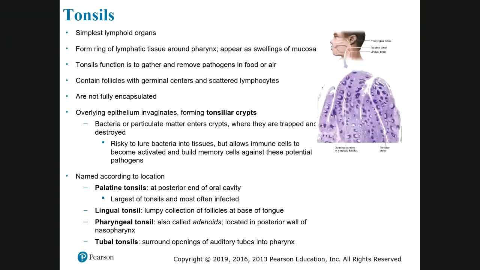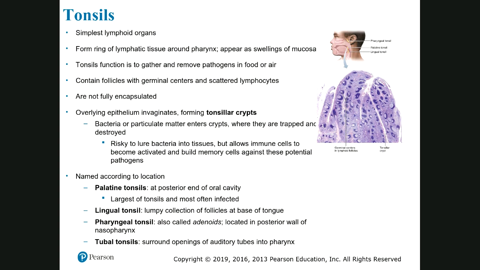They appear as a swelling of the mucosa. The function of the tonsils is to remove pathogens in the food or in the air that you are breathing. So before the air even reaches your lungs, they are going to play a role in cleaning this air.